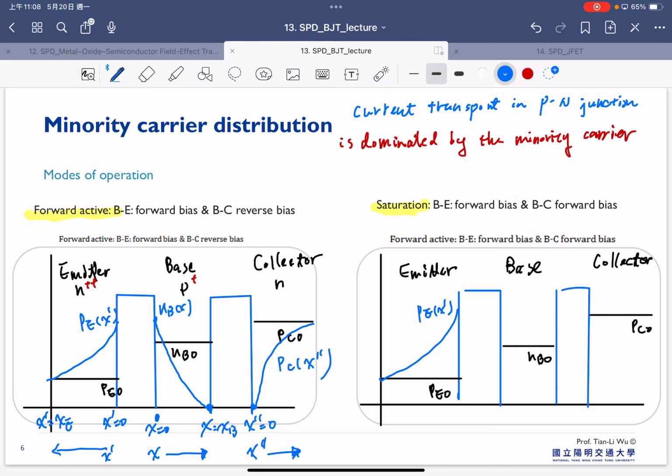So we have here NBX. Because right now this is forward bias, the concentration here cannot be 0, and it will be even higher than the NB0, because this is forward bias. And also this is forward bias, so we will have the curve like this.